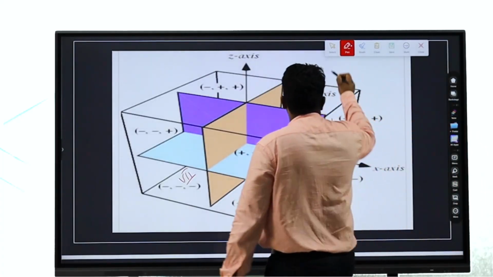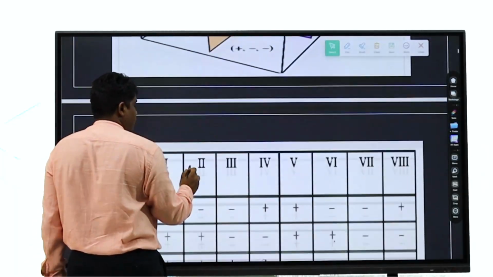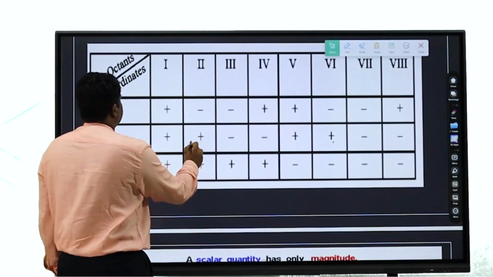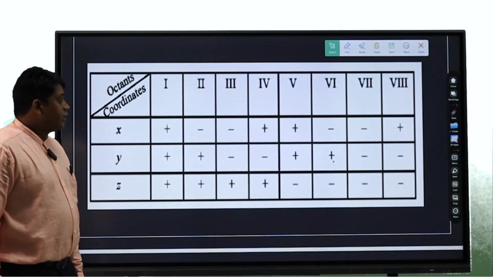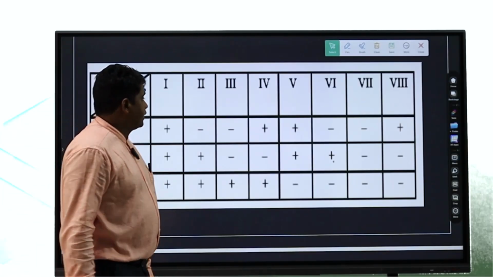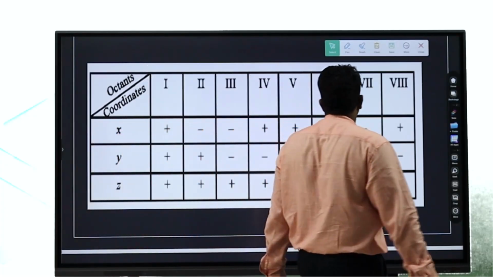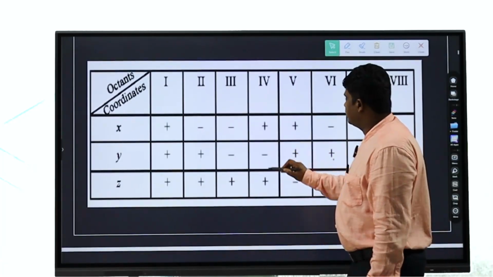Then there is a table. You have to write it down. Each octant has different signs for the x, y and z coordinates.